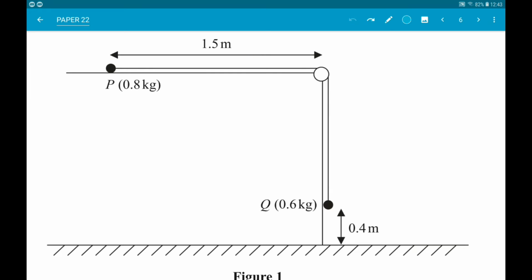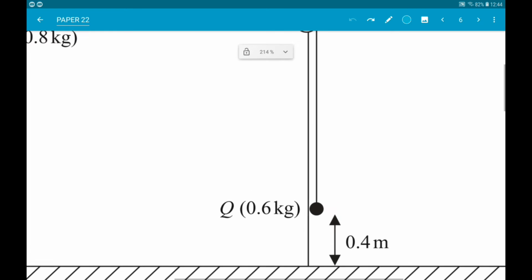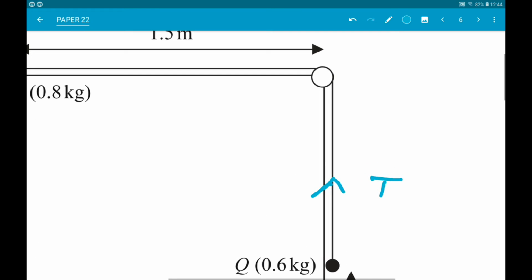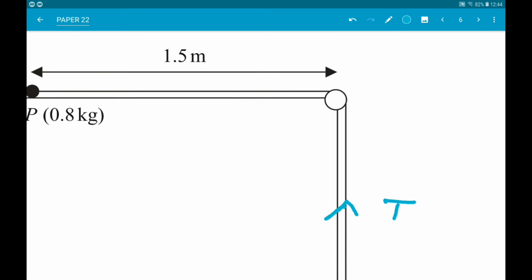So to start off, we need to think about what forces we have going on. So let's start with tension. Tension is trying to pull Q upwards. Now that same tension is trying to pull P to the right.